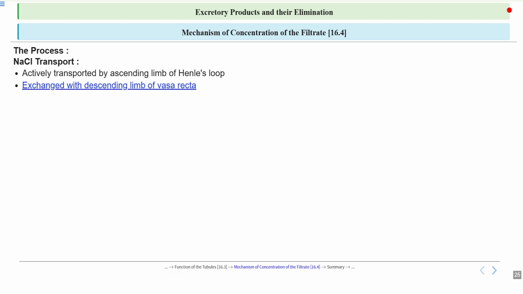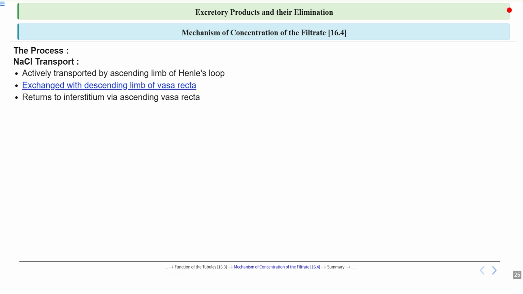Next, the NaCl that was pumped out is exchanged with the descending limb of vasa recta. Imagine two streams flowing side by side, exchanging materials as they go. This exchange helps maintain the concentration differences in the kidney medulla. After the exchange, NaCl returns to the interstitium via the ascending vasa recta.